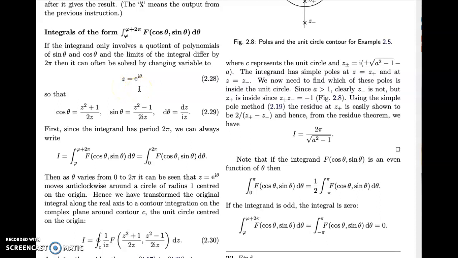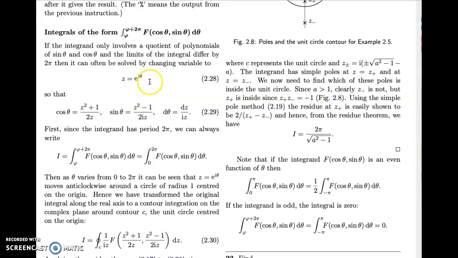So if we do that, just from the formulae, well, we know that cos theta we can write as half of e to the i theta plus e to the minus i theta. So that gives us cos theta equals half of z plus 1 over z, which we can write in this way, and similarly we can write sine theta like this.